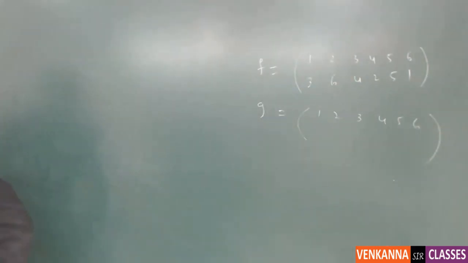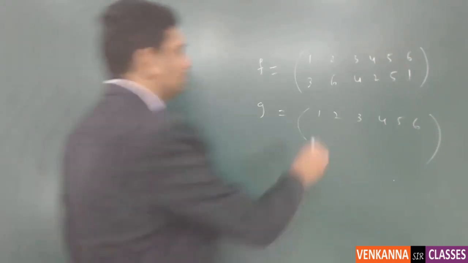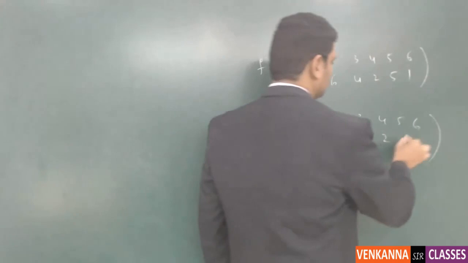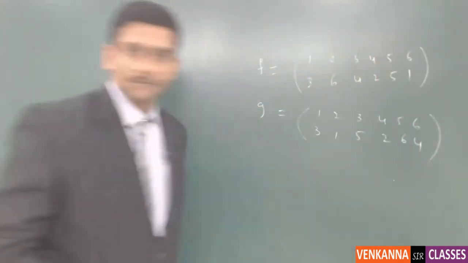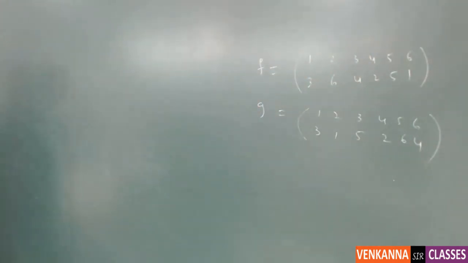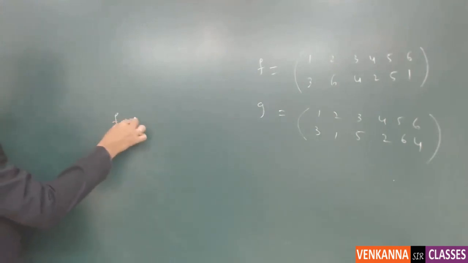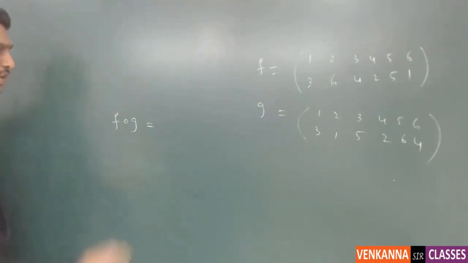You give me some numbers. 3, 1, 5, 2, 6, 4, right? Now let us calculate F circle G, or FG. Let us write them together.